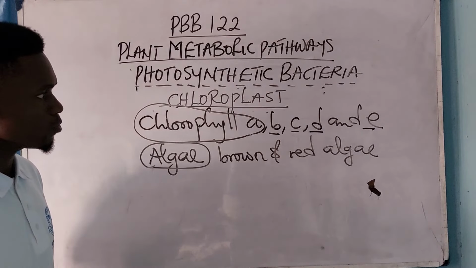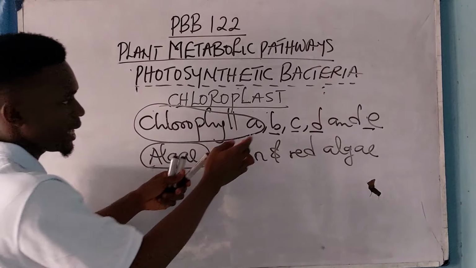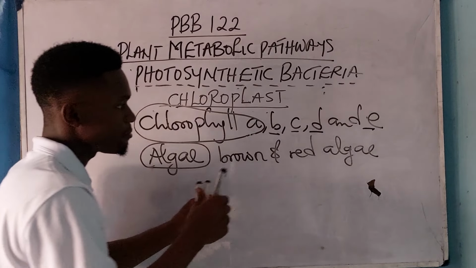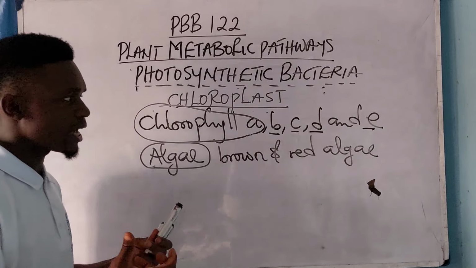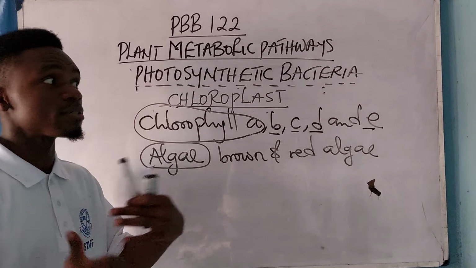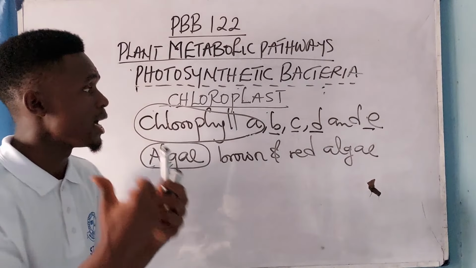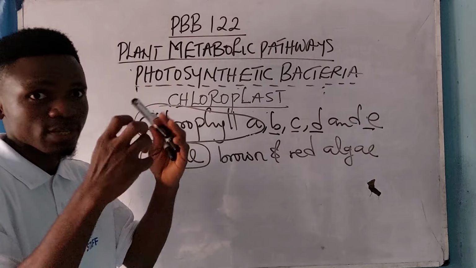Chlorophyll A and B are found in bacteria. I mean just bacteria, not cyanobacteria.